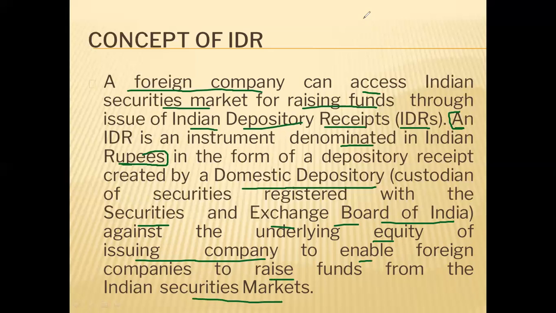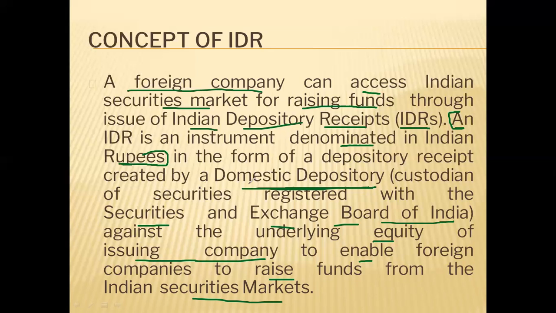So how will the procedure be? The foreign company will deposit shares with its country's custodian. That custodian will inform the domestic depository situated in India that it has received the shares and ask it to issue the depository receipt in India.